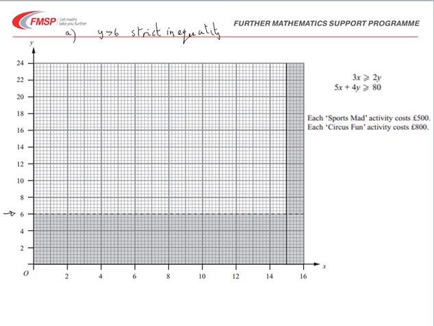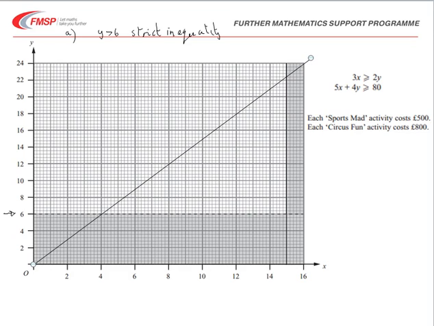We then have to mark on two other constraints. 3x is greater than or equal to 2y. So the way to do this is to first of all draw the line 3x equals 2y, so that will go through the origin, and will also go through a point where we have the ratio of 3 to 2. So for example, the very top point of the graph there is at a value of 16 and 24.